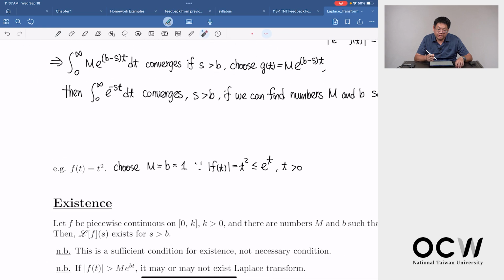Okay, exponential beats t squared. It goes faster, okay?